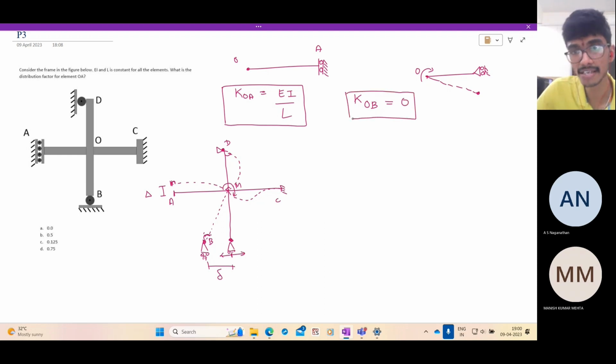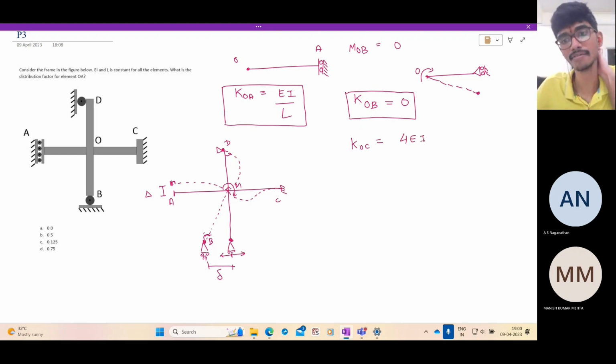Right? Why is it 0? Because the moment MOB is 0. There's no moment generated when the beam rotates as a rigid body. So what is KOC now? KOC is the usual slope deflection equation. So it is 4EI by L. And what is KOD?